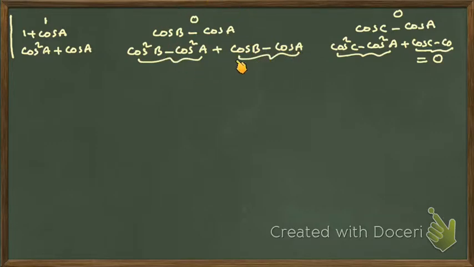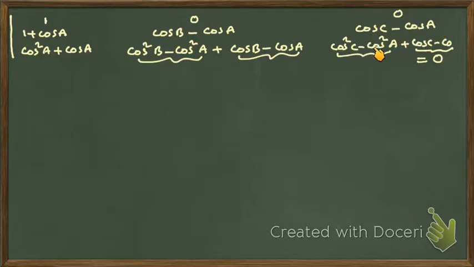Which means I get a cos b minus cos a common from the second column, the entire column. Because this is 0 into cos b minus cos a. This is 1 into cos b minus cos a. This is cos b minus cos a into, balance is cos b plus cos a plus 1. And what happens here? This is 0 into cos c minus cos a. This is 1 into cos c minus cos a.